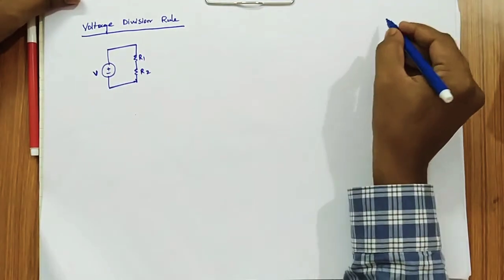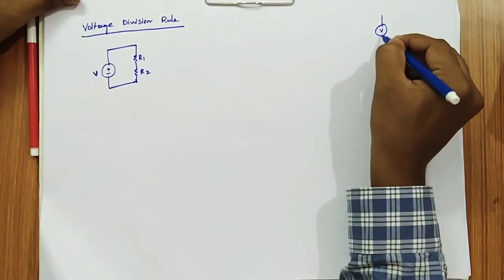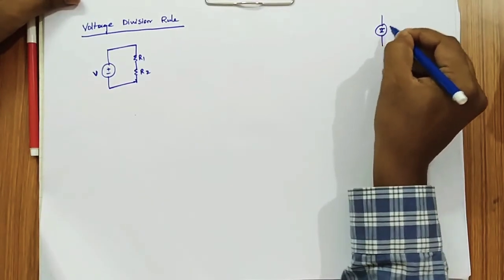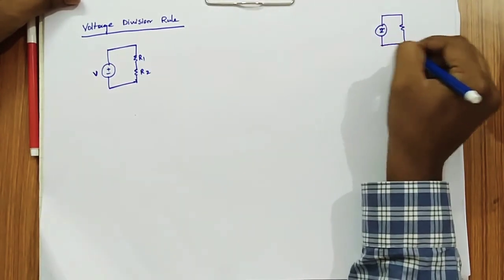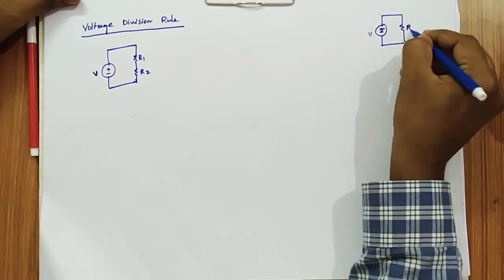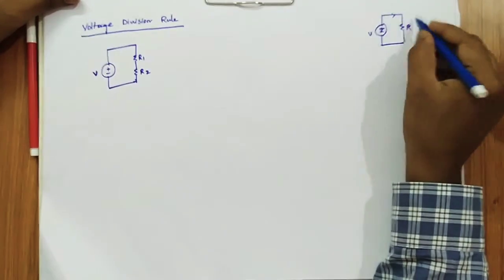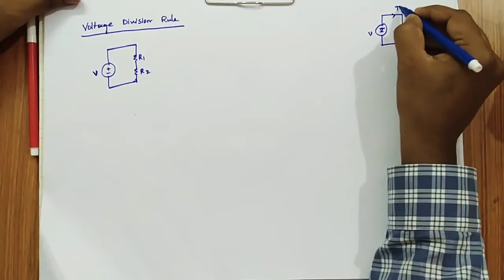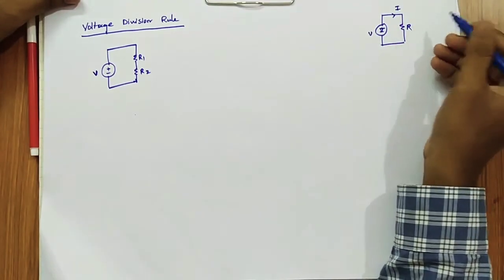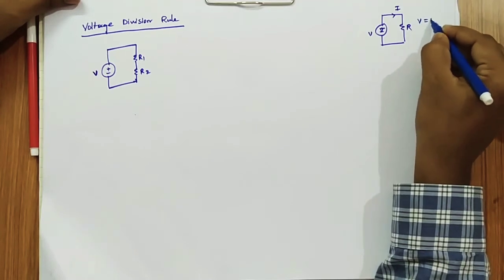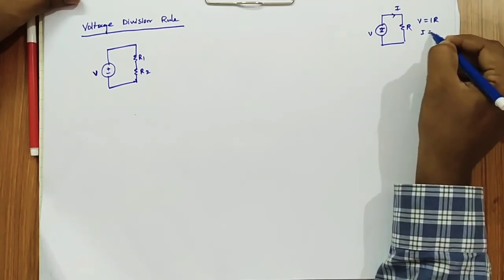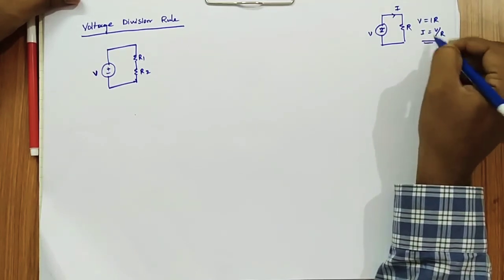For example, if you connect a voltage source V and a resistor R, immediately current I will flow, and by Ohm's law V equals IR, so I equals V by R. So we will find the current I.